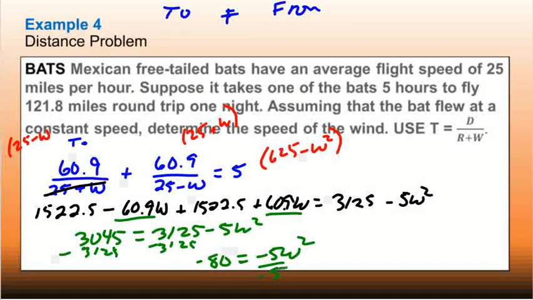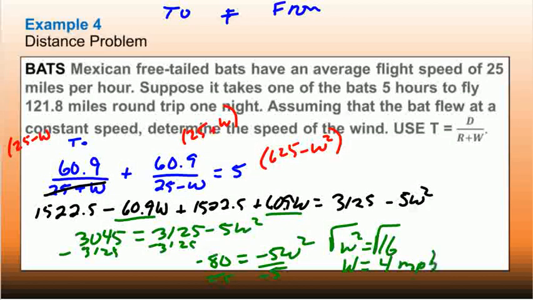I divide by negative 5. I have w squared equaling, not 4, 16. To undo a square, I find the square roots. And I can only use the positive form. The positive form here would be 4. So it would be 4 miles per hour is the wind speed.